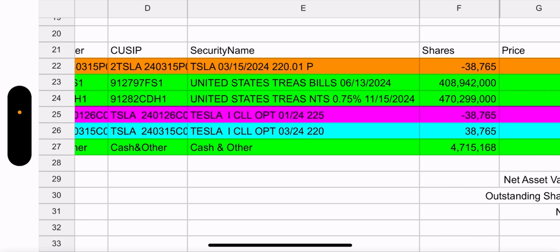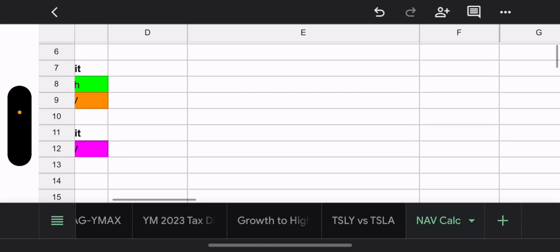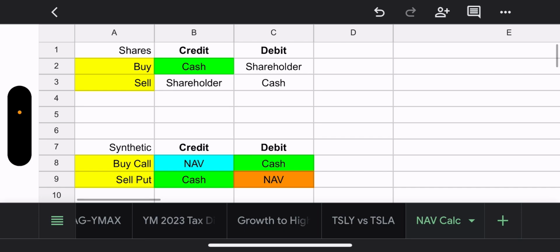Even though we say credit cash, for purposes of this calculation it's a positive amount. So someone buys the stock, the money goes into cash, and it gets debited from the shareholder's account. That's day one, that's how the fund started.